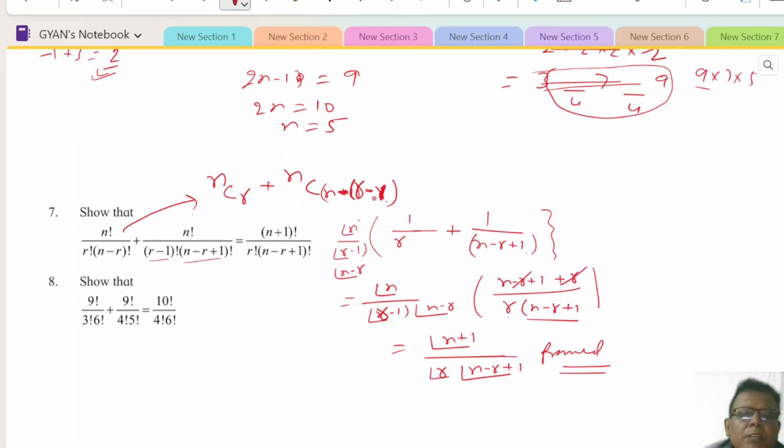So that is equal to n plus 1 C (n plus 1 minus r).